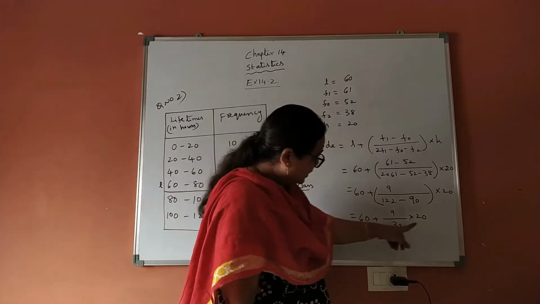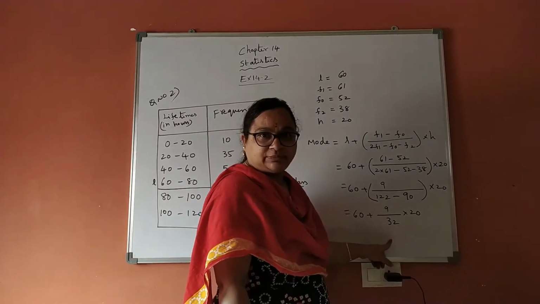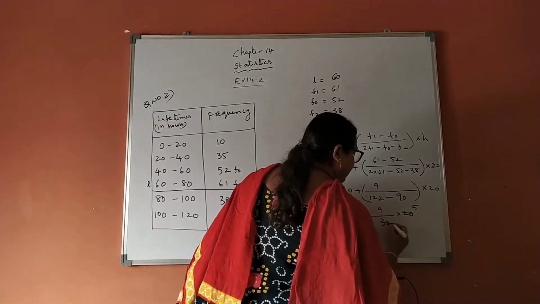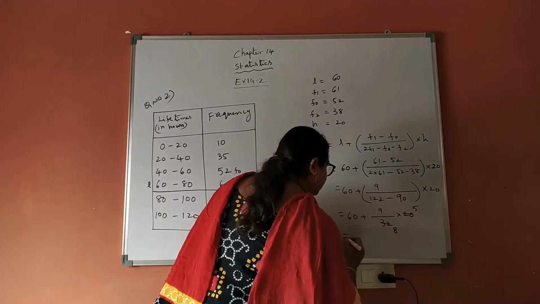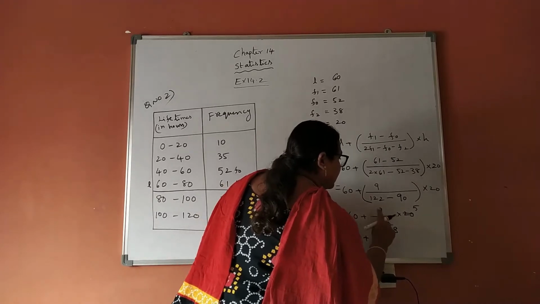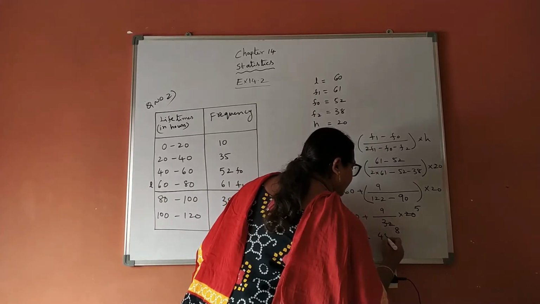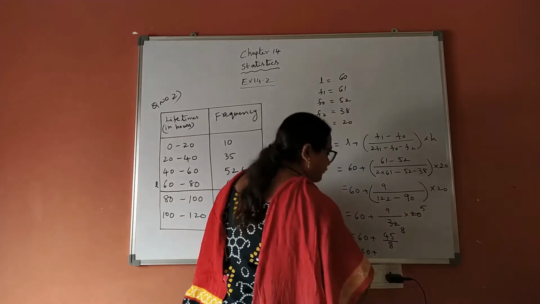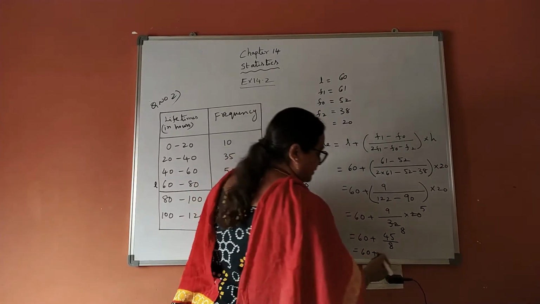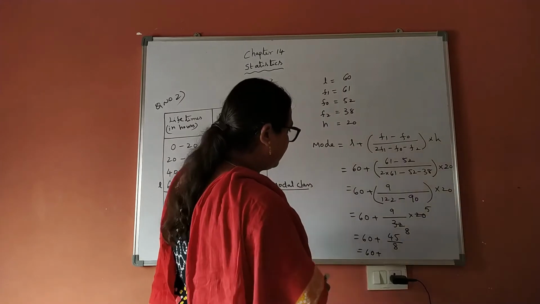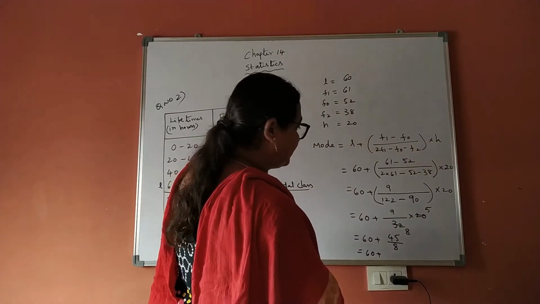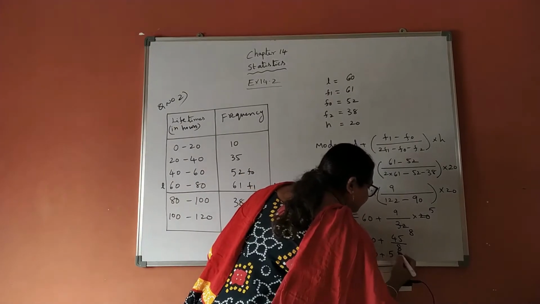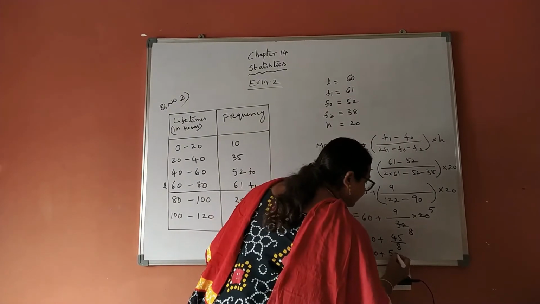Now you can cancel using the 4 table here. In 20, 5 times; in 32, 8 times. So this is equal to 60 plus 9 into 5, 45 by 8. 60 plus 45 by 8. Now the division of 45 by 8 we need to do here. 5 times 8 is 40.